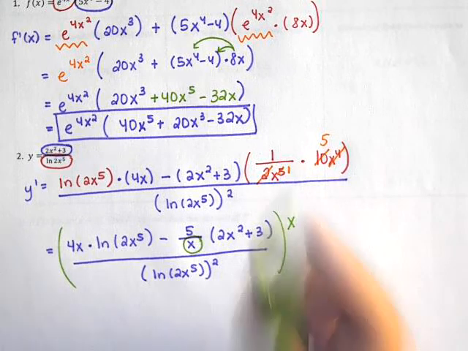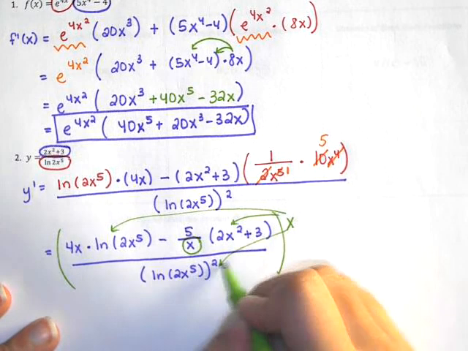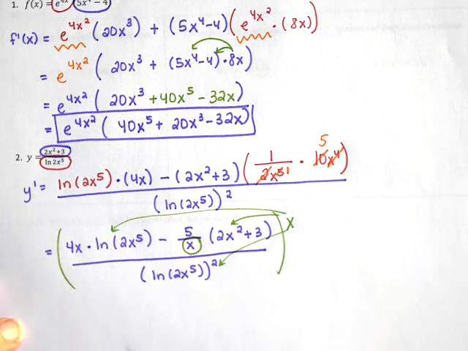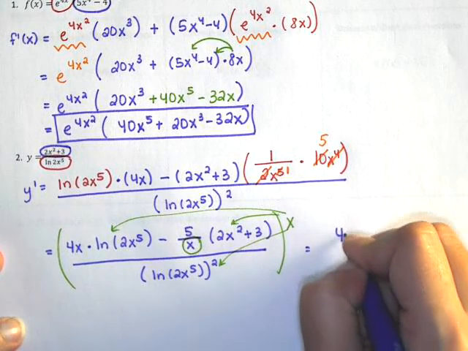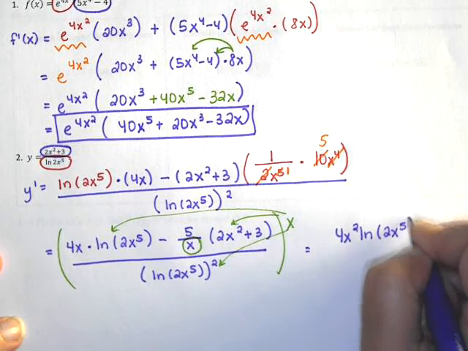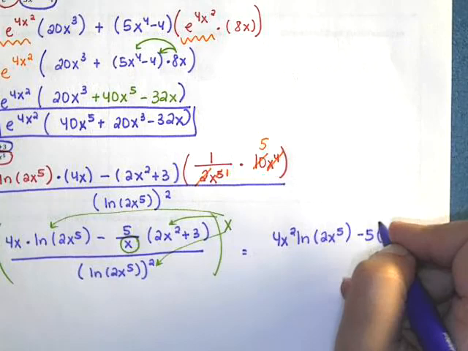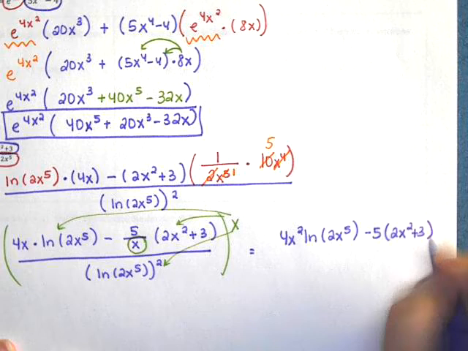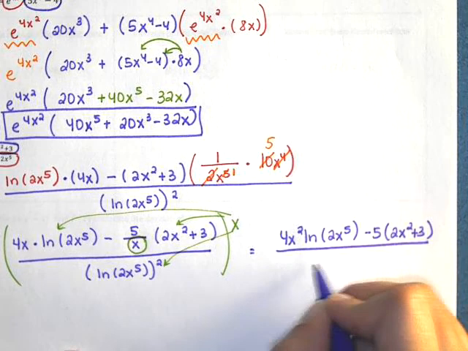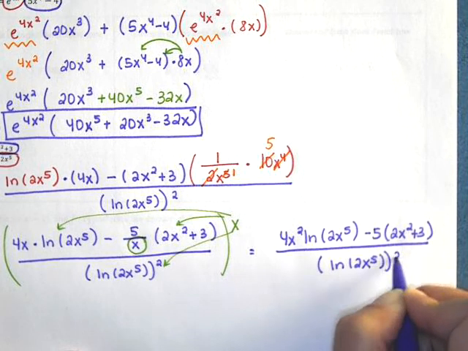So when I distribute an x to the first term, the second term, and the bottom, here's what I get. I get 4x squared natural log of 2x to the fifth minus 5 times 2x squared plus 3 all over natural log of 2x to the fifth squared.